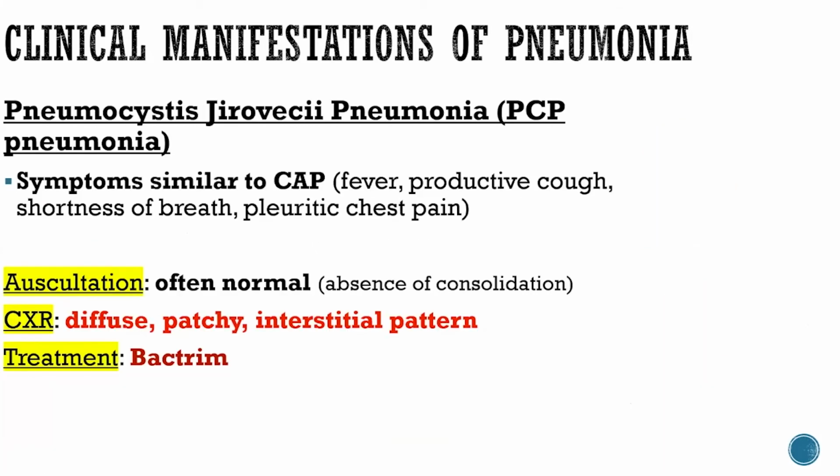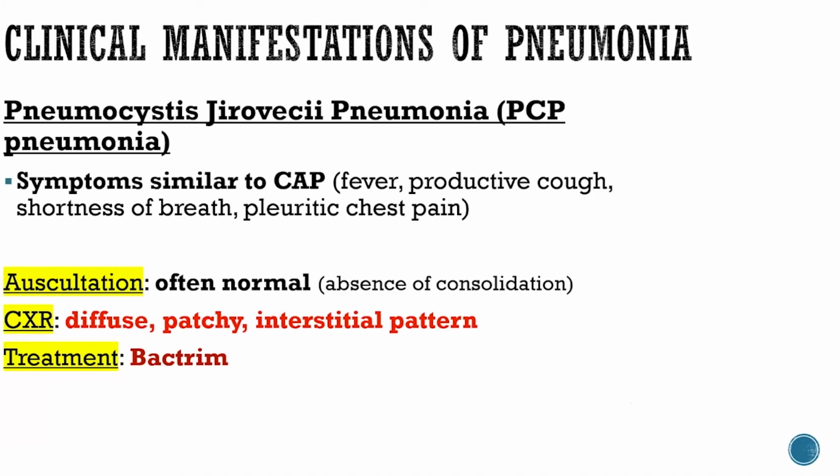I wanted to talk very quickly about Pneumocystis jirovecii, which is formerly known as PCP pneumonia. While PCP pneumonia will most commonly be found in patients with immunocompromised states like HIV or some sort of organ transplant with chronic immunosuppressant medications, the symptoms for PCP are usually the same as those for normal pneumonia. So patients will have fevers, productive coughs, shortness of breath, but the chest x-ray pattern, for some reason, instead causes interstitial patterns.